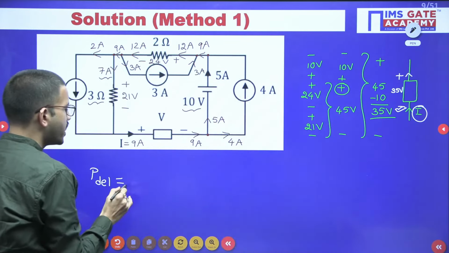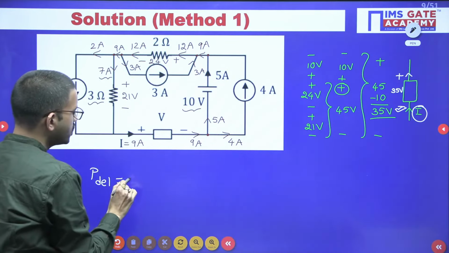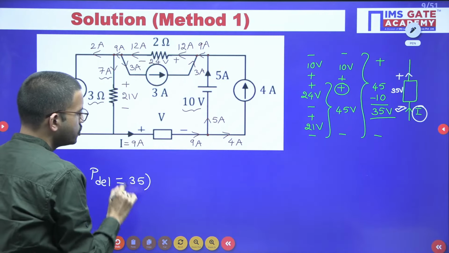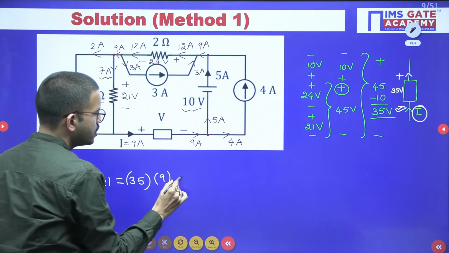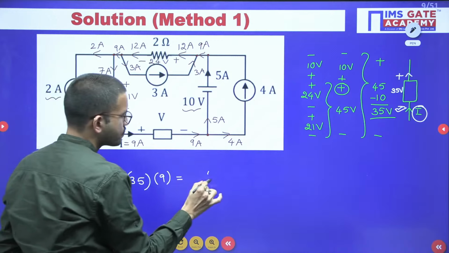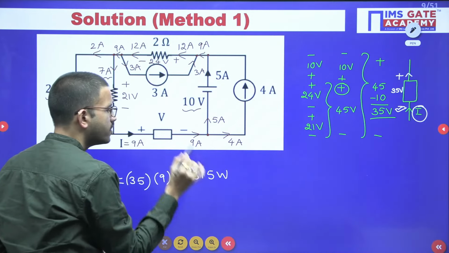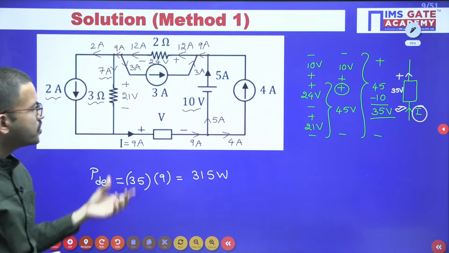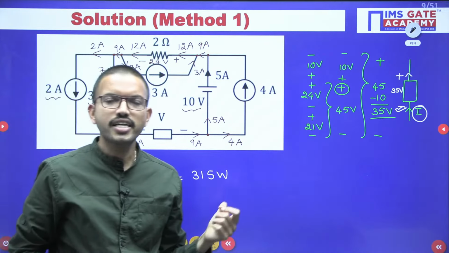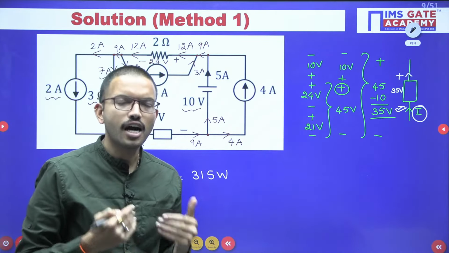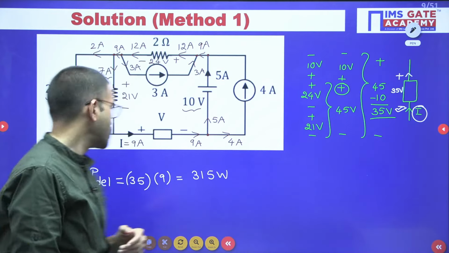So current value is 9 ampere, voltage value just now we got 35. So 35 into 9, that is 315 watts. Okay. So in this way you can calculate or identify whether the given element really absorbs the power or delivers the power.